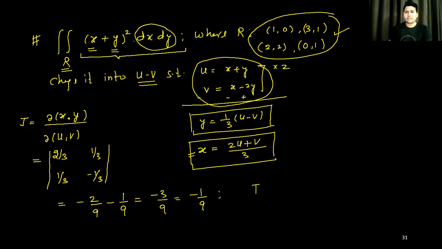It means the magnitude of the Jacobian that we should take inside the integral will be 1 upon 3. So till now we have done two things. One, we have found the new set of variables. Another, we have found the value of the Jacobian. Now let us see how the integral will change.